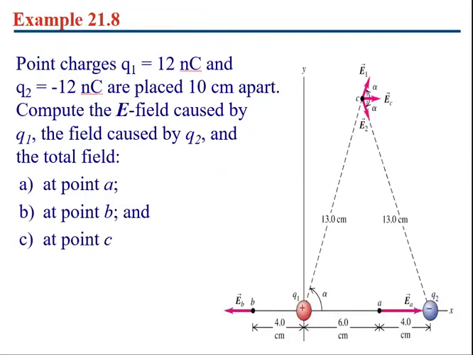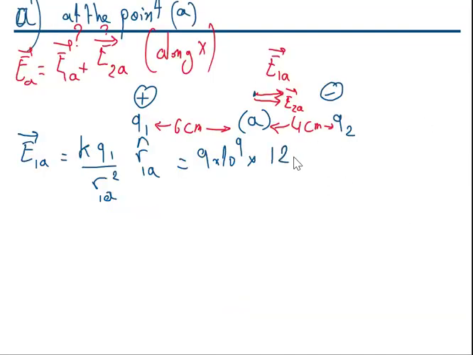He said Q1 is 12 nanocoulomb, so 12 times 10 to the negative 9, divided by the distance between Q1 and A, which is 6 centimeters, so 0.06 squared, multiplied by the unit vector. What is the unit vector for the charge Q1? R1A is from the charge to the point. So this is r1A hat.